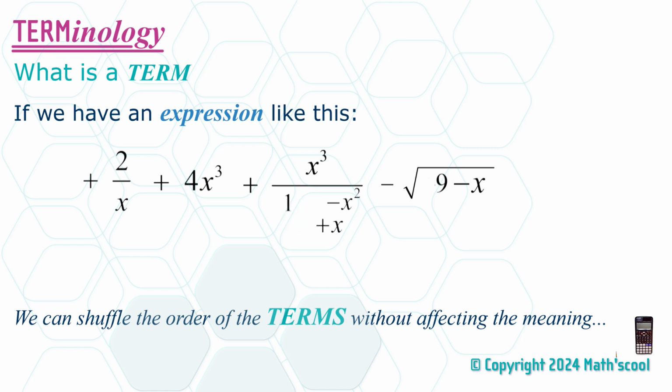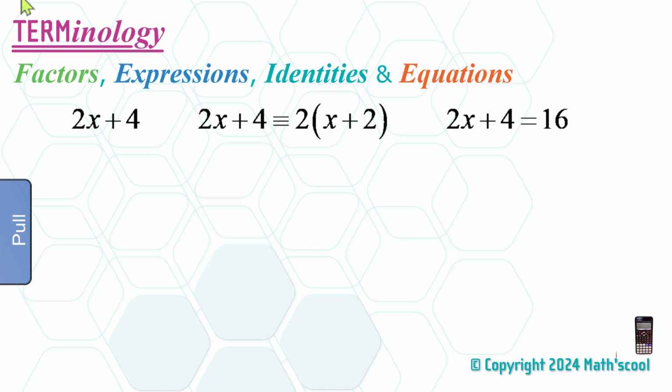I can move this plus 1 over here, move the minus x squared to the front, and move the x to the front. And again here, I can move the 9 and the x. So I can move this 9 and move this x, and I can just shuffle them around inside there. So there's a lot of things we can do in terms of shuffling around the terms when we have an expression.